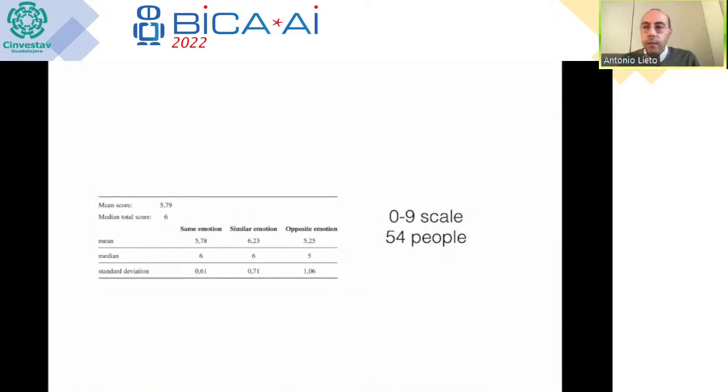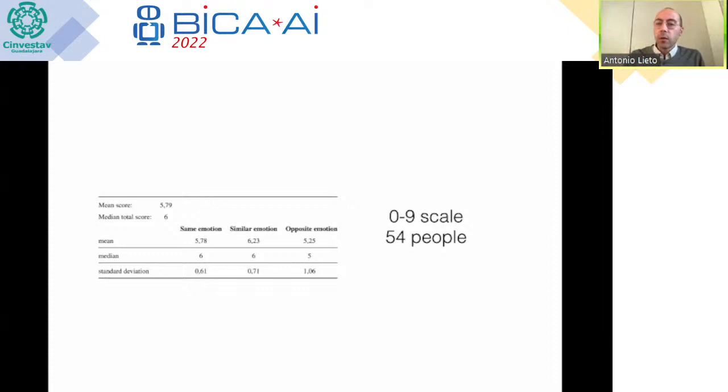We started an evaluation with 54 deaf people. 54 deaf people is a huge number for this kind of task, because usually in experiments you have to have a professional sign language translator to explain the entire thing to them.